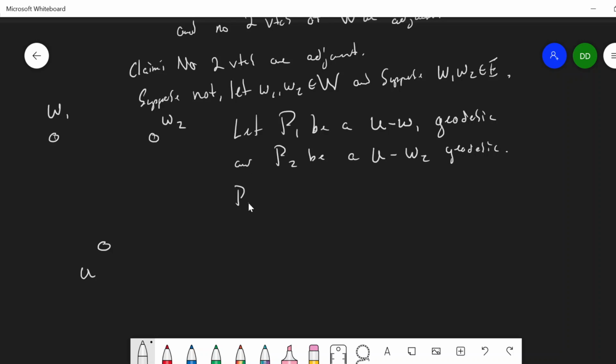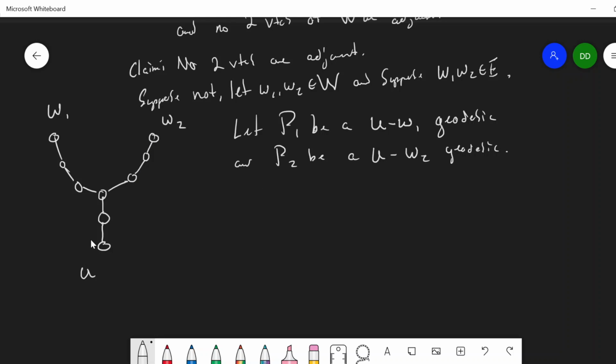I don't think we need to get into the nitty gritty of what all these vertices are. We can argue this without them. So it's possible that P1 and P2, even though they're geodesics, share some vertices. So it's possible that I go from U to another vertex, maybe to another vertex, and then they split off and go to W1 and go to W2 like this.